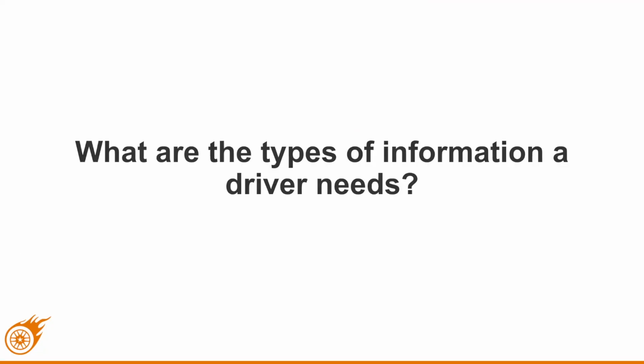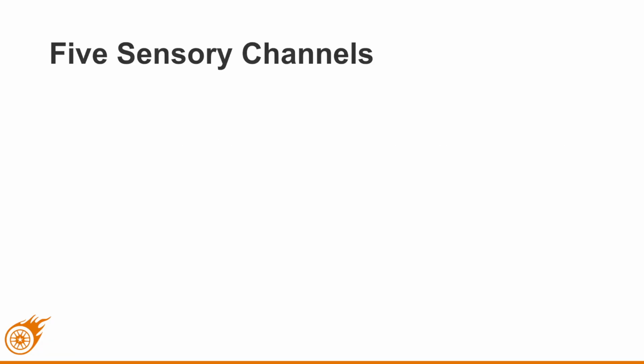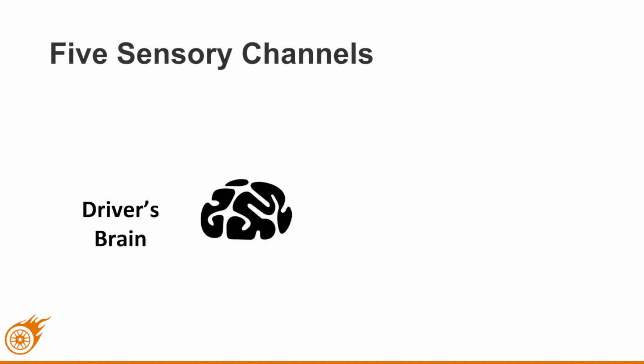So what are the types of information a driver needs? Well, there are 5 different sensory channels from which the driver's brain gets information. The first is visual channel.